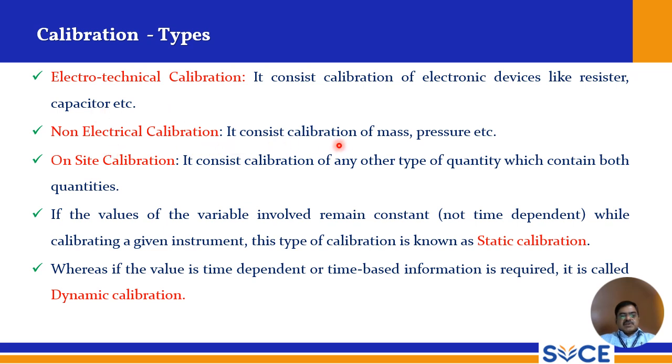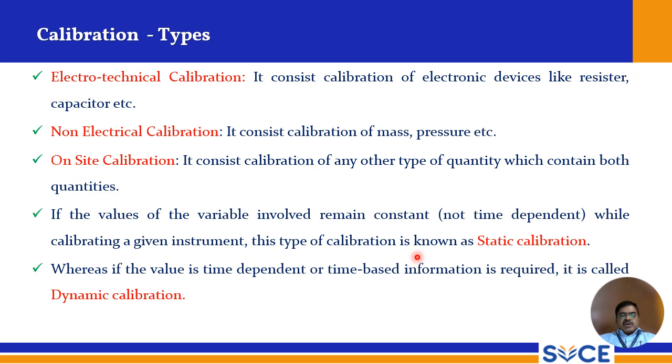Non-electrical calibration consists of calibration of mass, pressure, and other mechanical parameters. On-site calibration consists of calibration of any other type of quantity which contains both quantities. If the values of the variable involved remain constant, not time dependent, while calibrating the given instrument, this is called static calibration. When it is varying with time, then it is known as dynamic calibration.